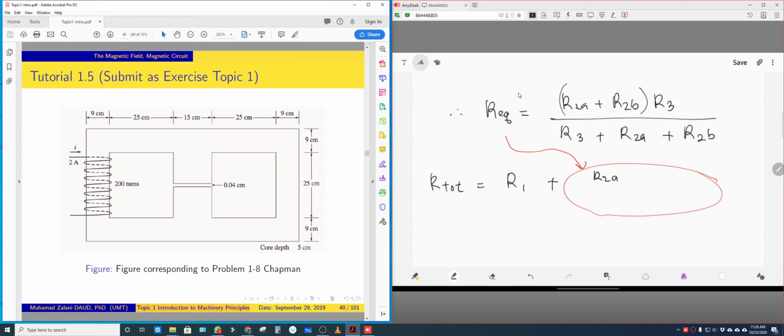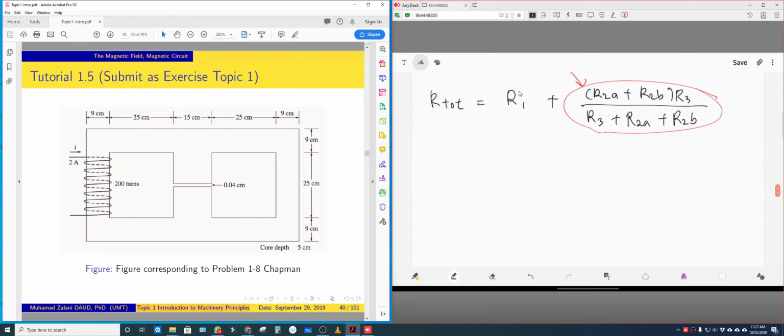So R2A plus R2B, R3 divided by R3 plus R2A plus R2B. Salin balik je. Then, so kita dah ada total reluctance kat situ. Next is kita nak kira lah. Okay, kita dah derive total reluctance, kita nak kira.